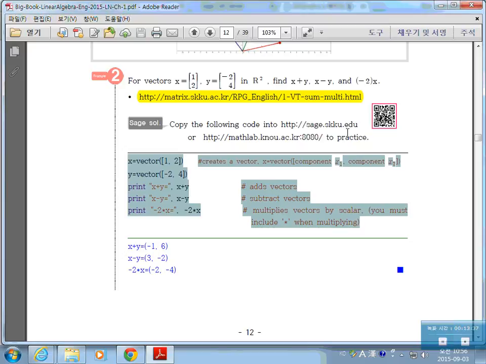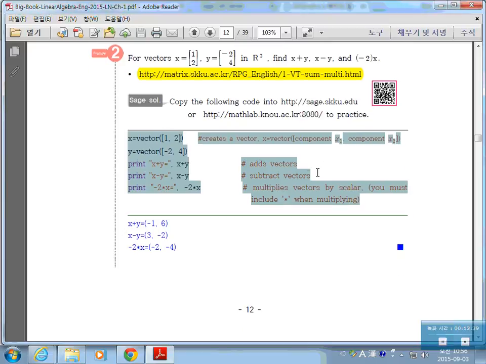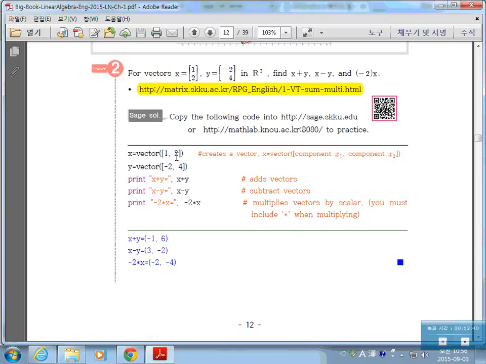If you change the numbers, then you will have different results. The reason that we are learning this is that it works not only for vectors in R2, it also works for vectors in high-dimensional spaces, such as R5 or R7 or R100.